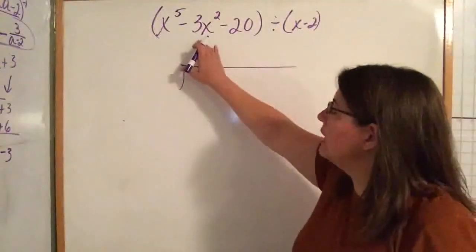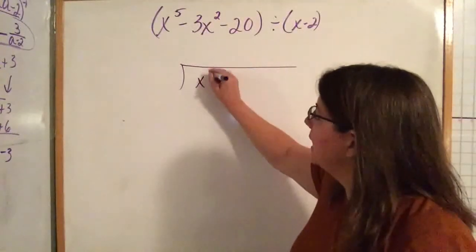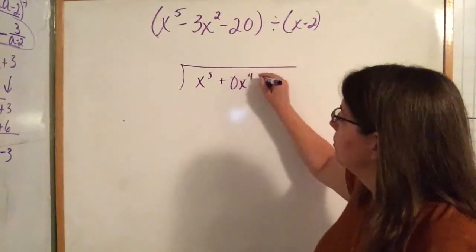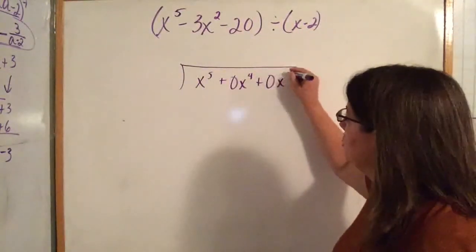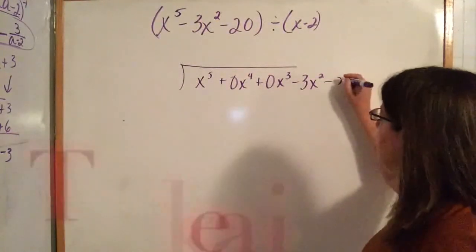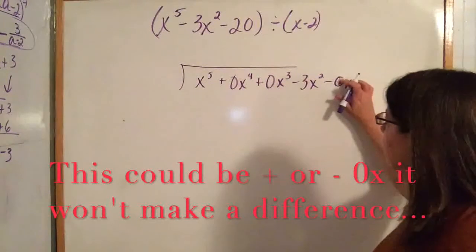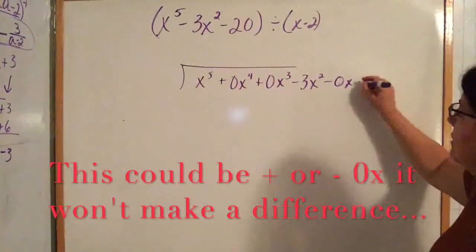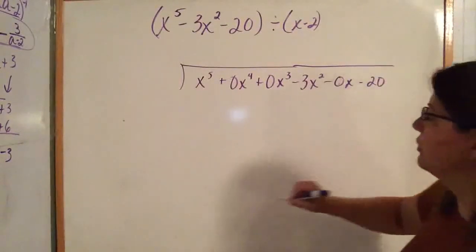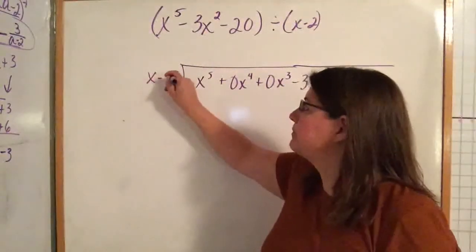So to rewrite this, I'm going to write x to the 5th plus 0x to the 4th plus 0x cubed minus 3x squared minus 0x, the x term is also missing, minus 20. My divisor is x minus 2.